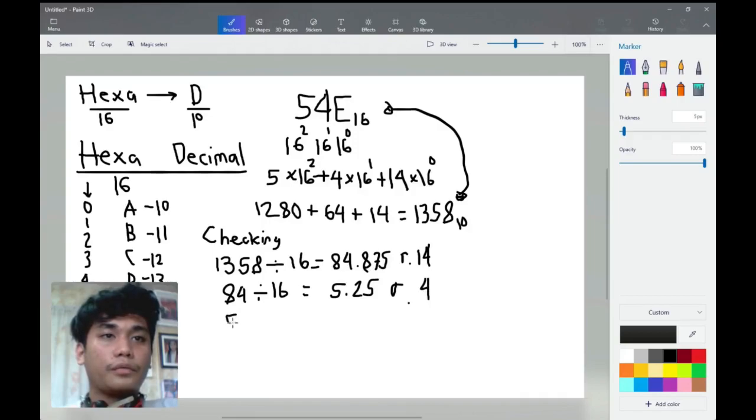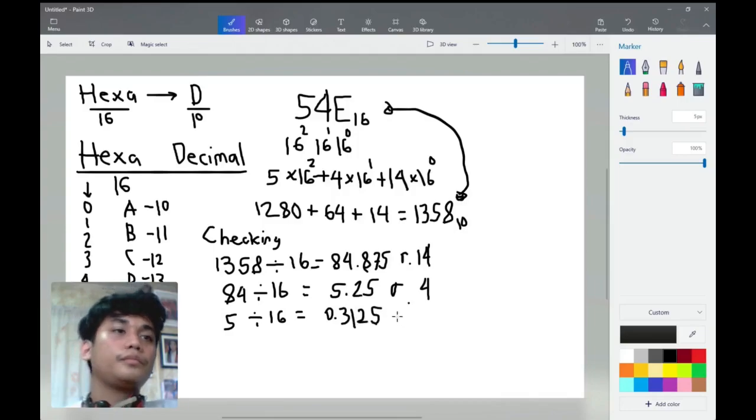Now we have 5 divided by 16. 5 divided by 16 equals 0.3125. Our remainder is 0.3125 times 16 is 5.